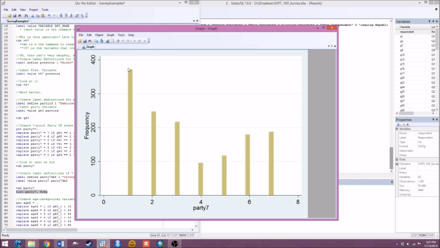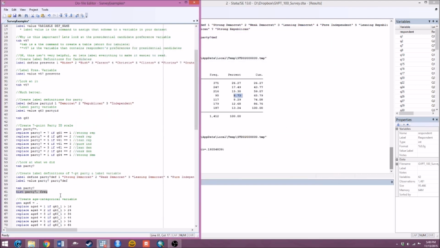So lots of people over here, lots of people over here, but not very many people in the middle. So we have something that's called a bimodal distribution. I talked about that in some of my sections. But it just means that we have lots of people on one side and lots of people on the other side. So hist is another command that you could do.